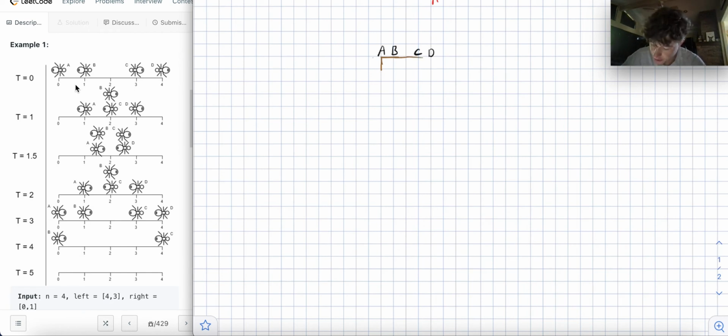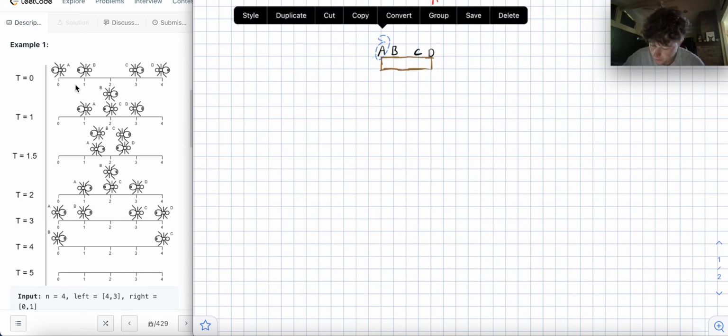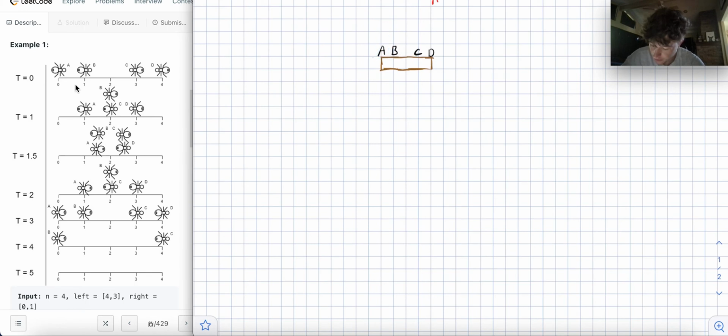So, I said I wouldn't simulate it, and now I'm going to. So what happens to A and B? A is going to move one over, B is going to move one over, C is going to move one over, and D is going to move one over.